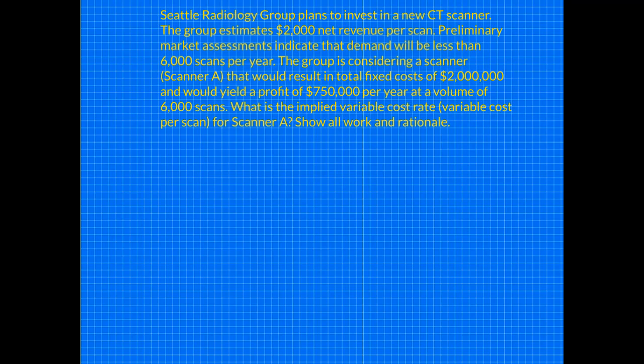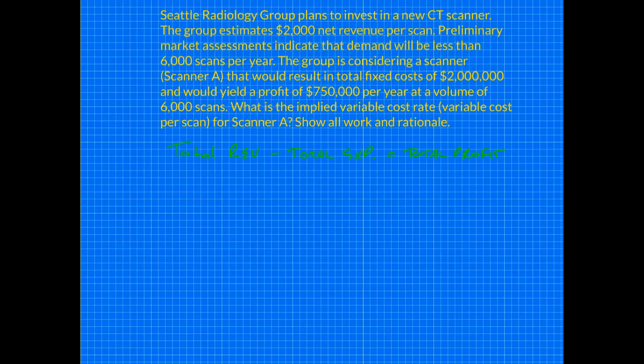Let's break down this question. This question really is focusing around the total profit, total income equation, which we'll write down here to get a base. So that's total revenue minus total expense, and the key is that equals your total profit.